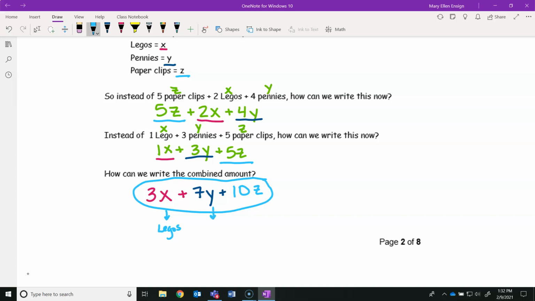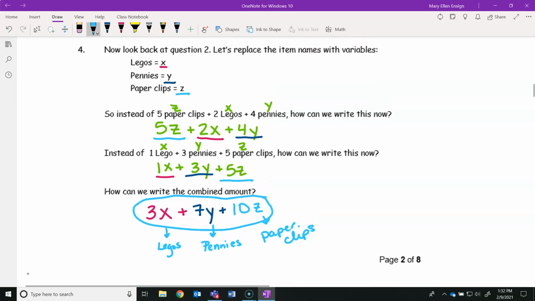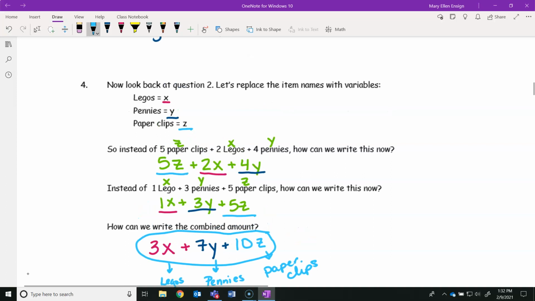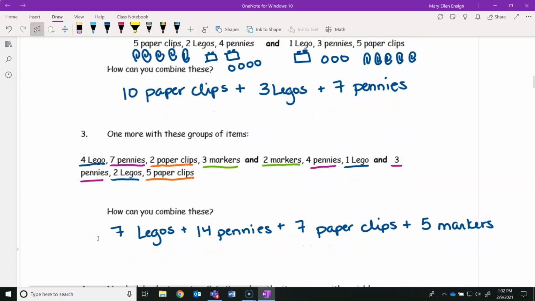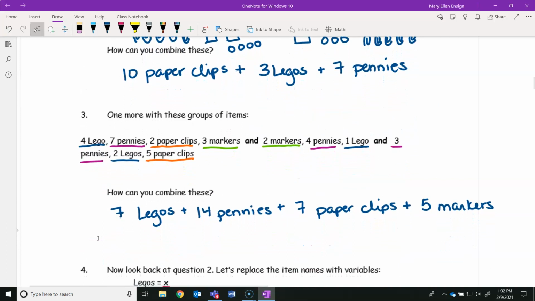Pennies is Y. And paper clips is Z. So I'm just writing those because let's check back with what we had up above. So we have 3 Legos, 7 pennies, 10 paper clips. This is what I had up here, 10 paper clips, 3 Legos, 7 pennies, right?